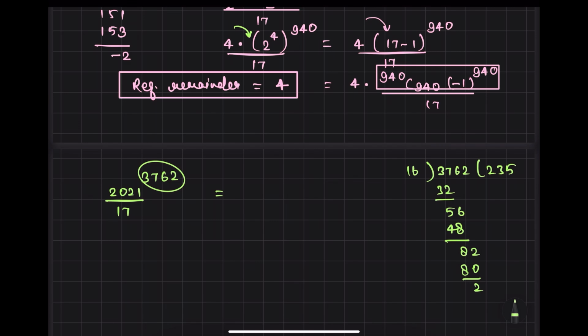This means that I can write 2021 to the power 2, because the remainder is 2, and 2021 power 16 power 235. Just tell me, can I do so? We can do that.